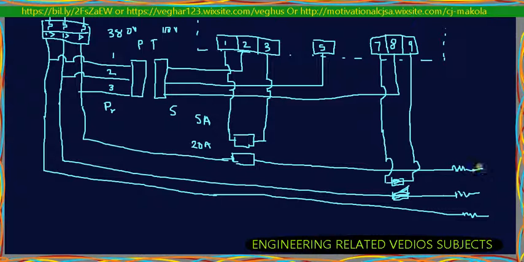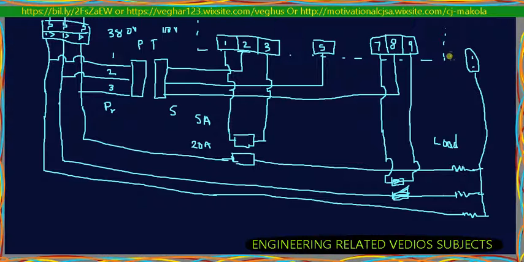This is a start point connected to the neutral. This represents the load. The load can differ: it can be a capacitive load, inductive load, or resistive load.